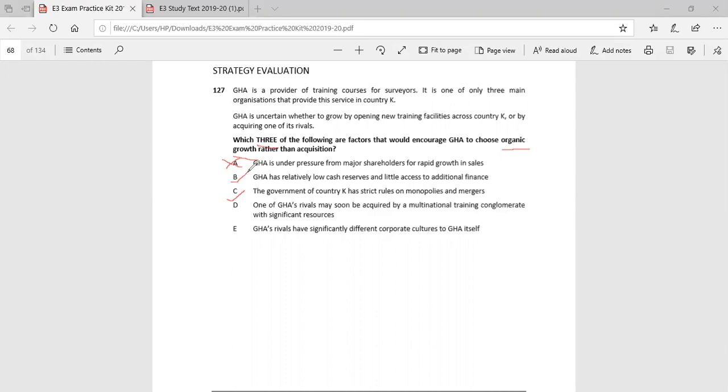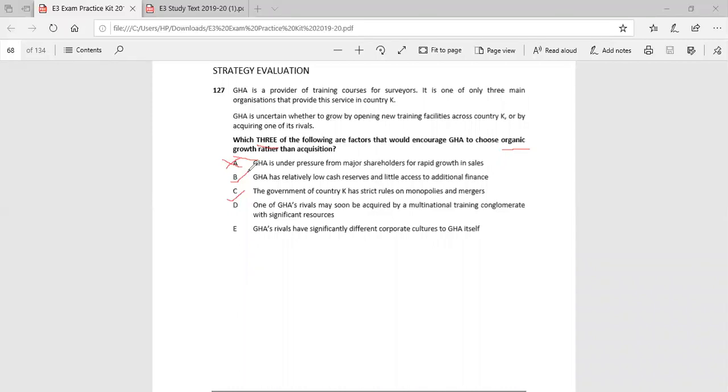E: GHA's rivals have significantly different corporate cultures to GHA. Oh no, D is also there. One of GHA's rivals may soon be acquired by a multinational training conglomerate with significant resources. What is a conglomerate?